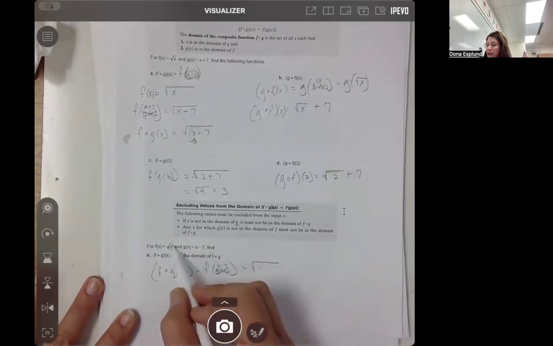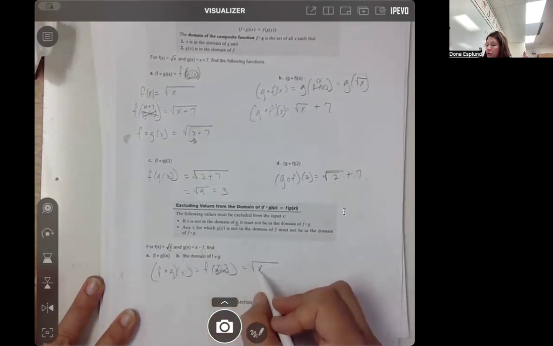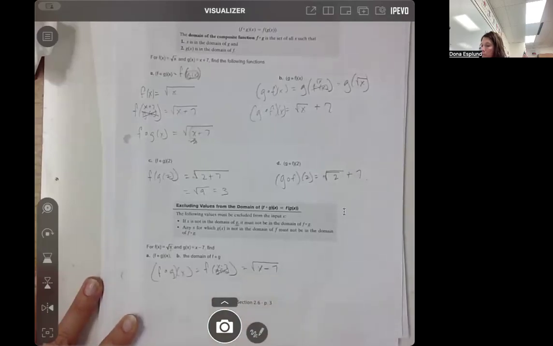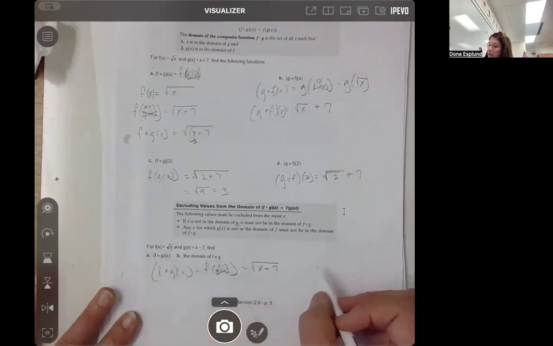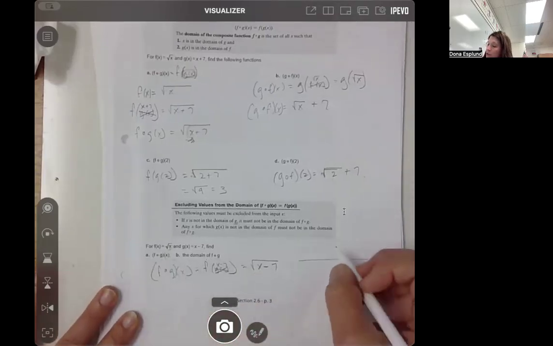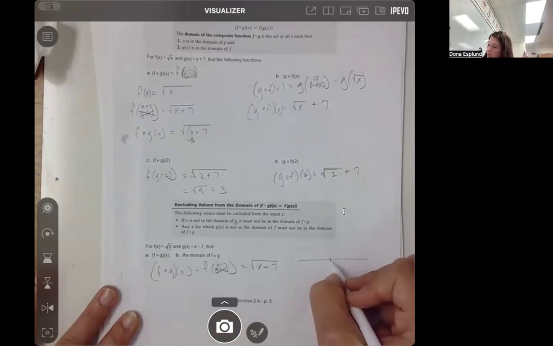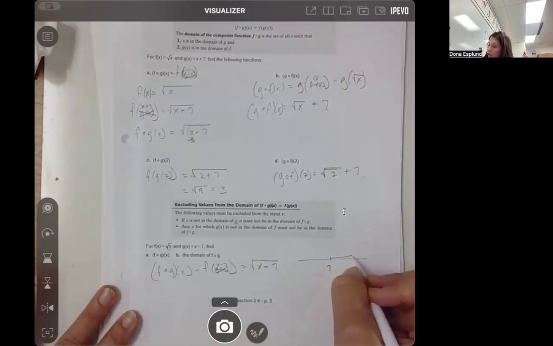So inside my x, I'm going to change it to x plus 7 or x minus 7. And then the domain, you will figure out the domain is going to be 7 or greater.